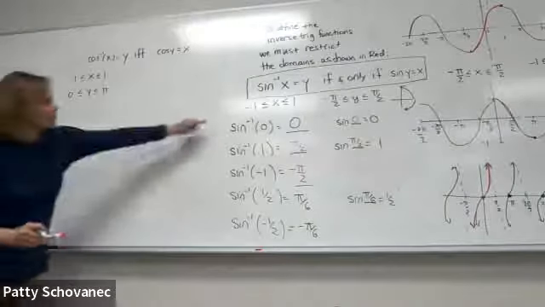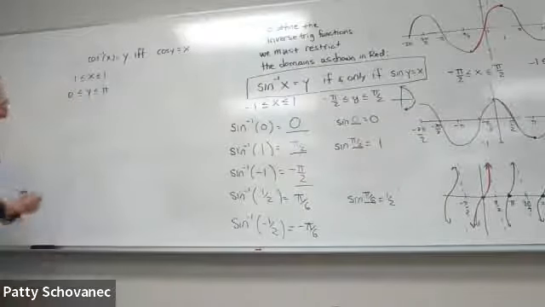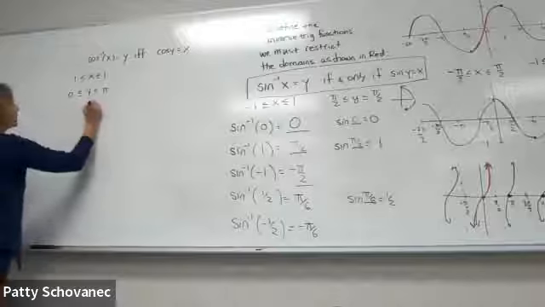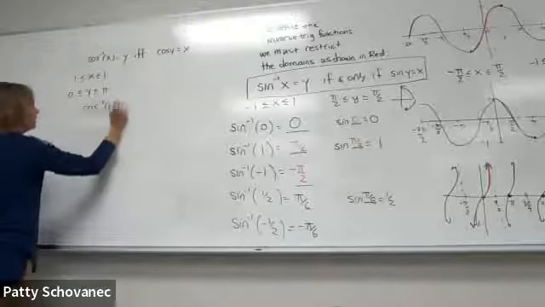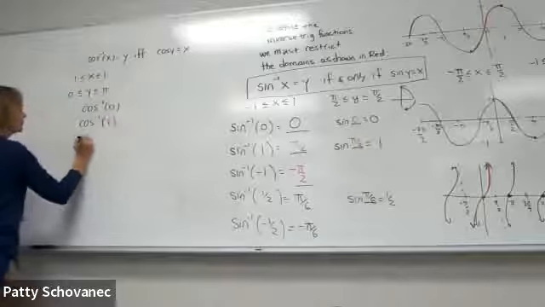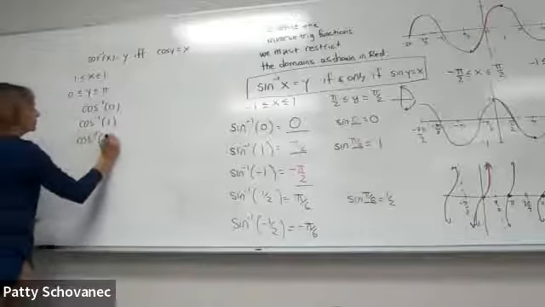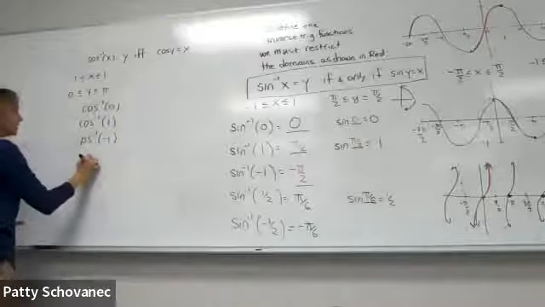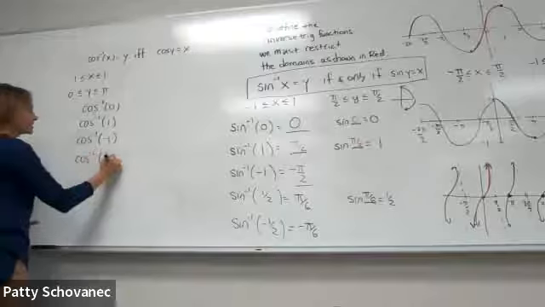So I'm going to find the inverse cosine of the same set of numbers. The inverse cosine of 0, the inverse cosine of plus and minus 1, and the inverse cosine of plus and minus a half.